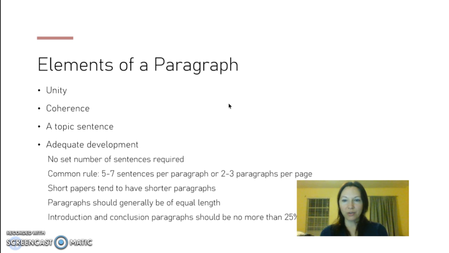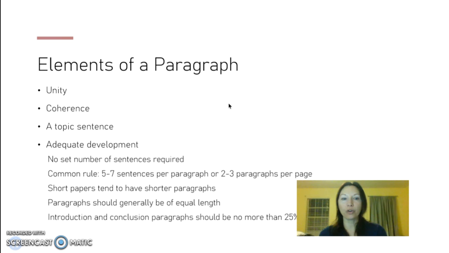Now, you never want to, in the process of writing your draft, be thinking to yourself, oh my gosh, I need 2 more sentences for this paragraph. Like, don't fret. Just make sure that you've developed it and that you have all the information in the body paragraph that you wanted to include. But don't count each sentence of each paragraph, because there isn't really an exact number that anyone can tell you.